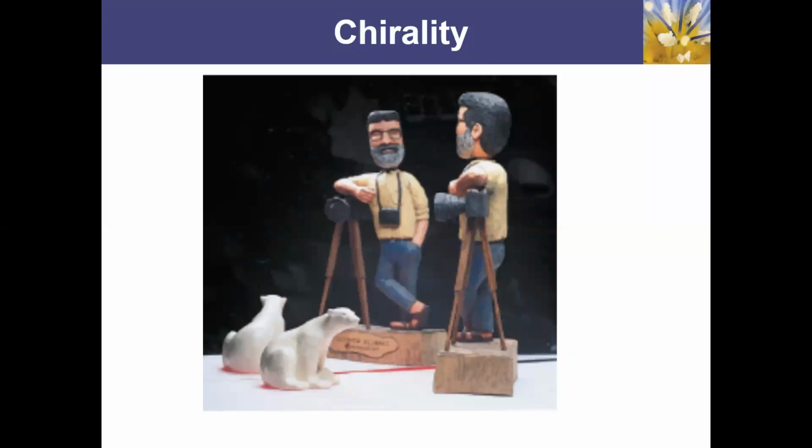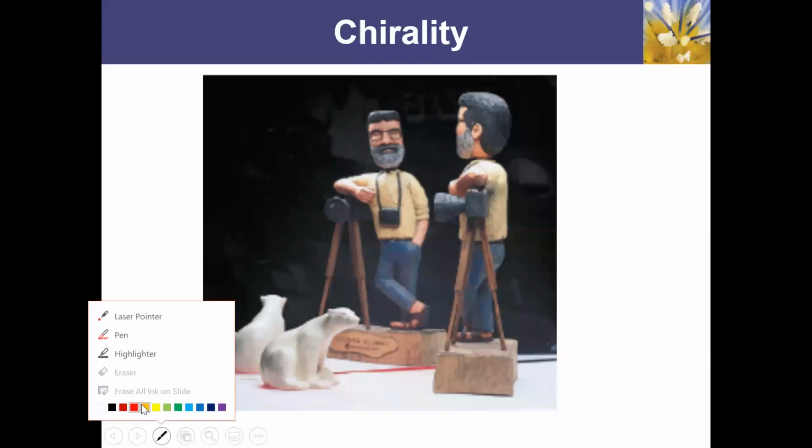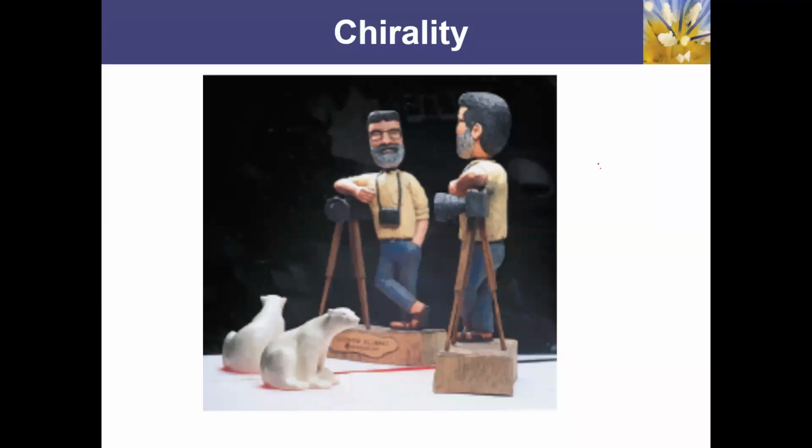right? Then we have another word called achiral. What is achiral? That is the opposite of chiral. If I ask you what is the difference between chiral and achiral, you will simply tell me, let me write down the word here so that you don't get confused. What is the meaning of the word achiral?